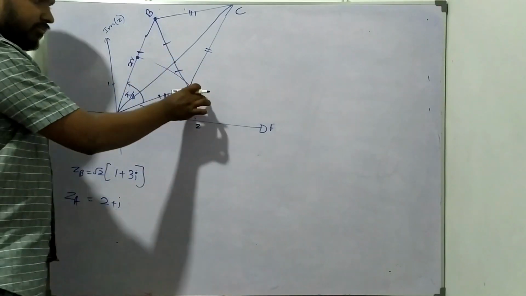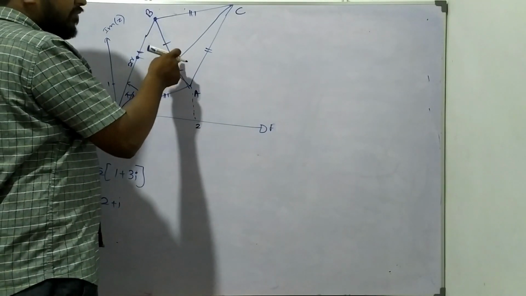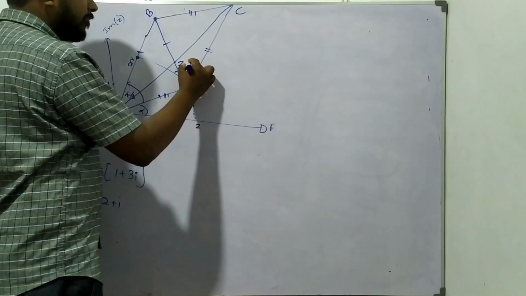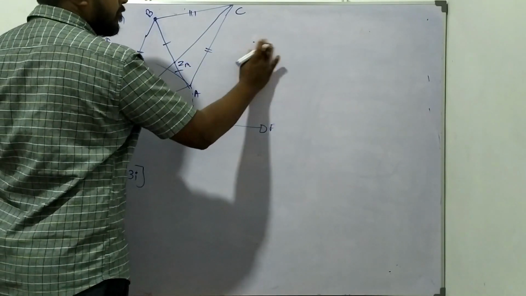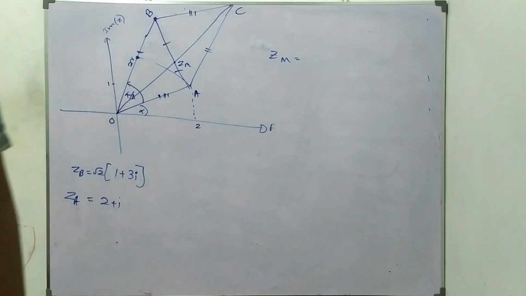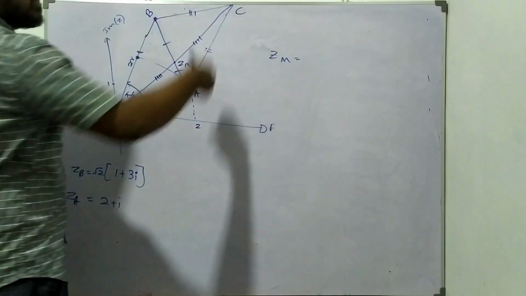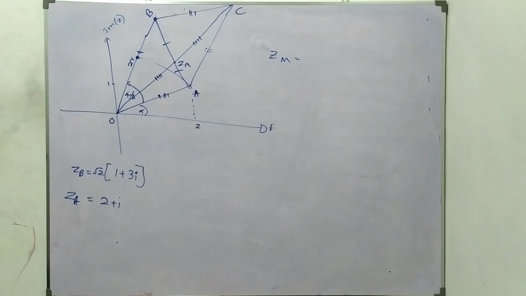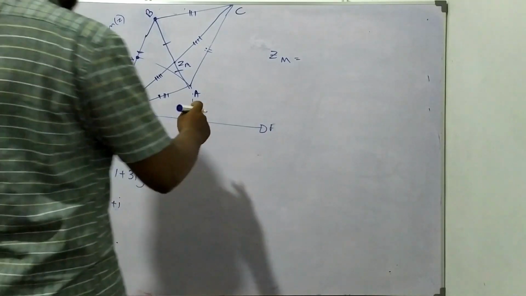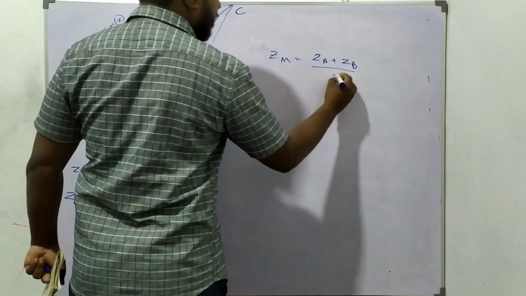We have the A complex number and the B complex number. If you add these two and divide by 2, then you will get the midpoint ZM. And if you multiply ZM by 2, then you will get the C complex number. So ZM means ZA plus ZB divided by 2.